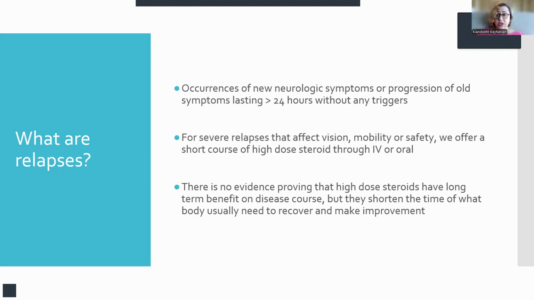I told you the IV steroids are helpful for shortening the time of the relapse. They most likely will help you achieve remission and improvement of the symptoms, but there is no 100% evidence that the steroids are gonna help you achieve that. It has definitely been shown that they shorten the time of the relapse.